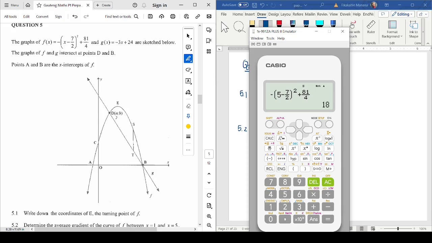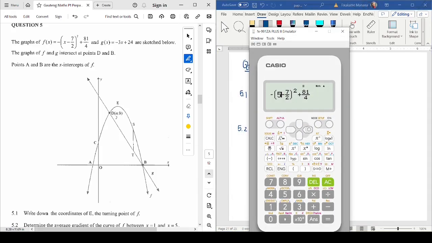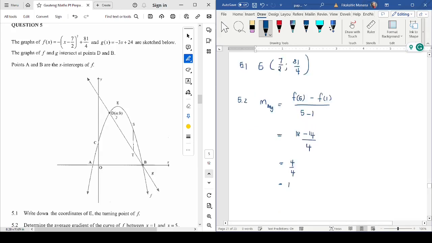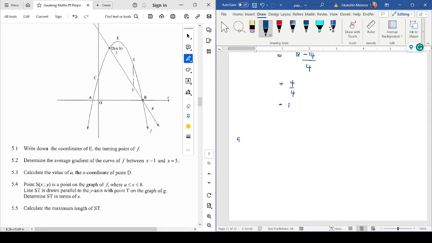We get a value of 18. Now if we substitute 1, we get 14. So 18 minus 14 over 4, which is basically 4 over 4. So the average gradient is 1. Not so bad.